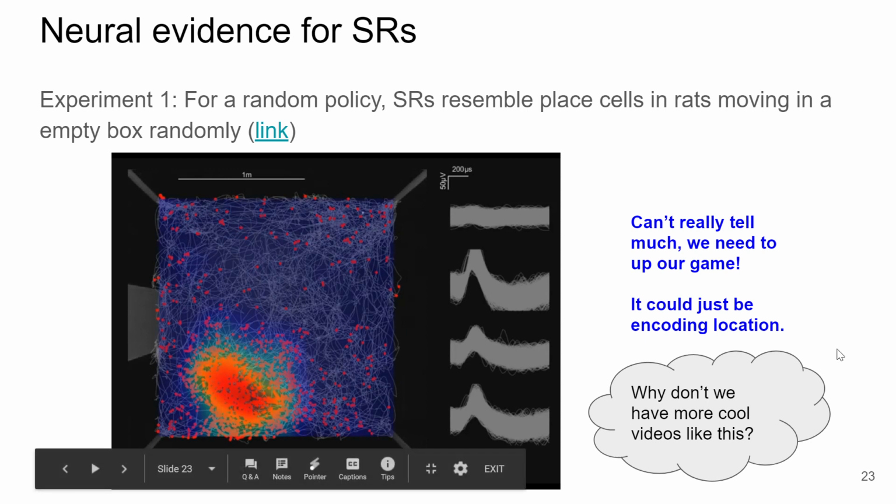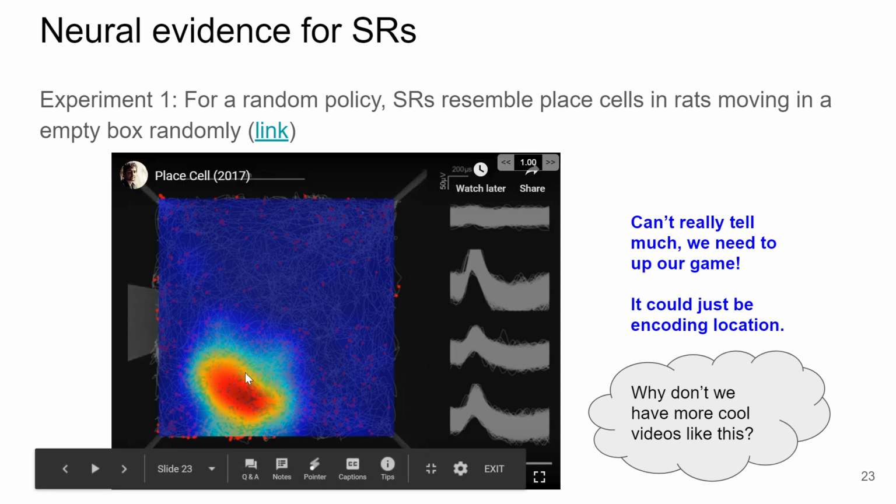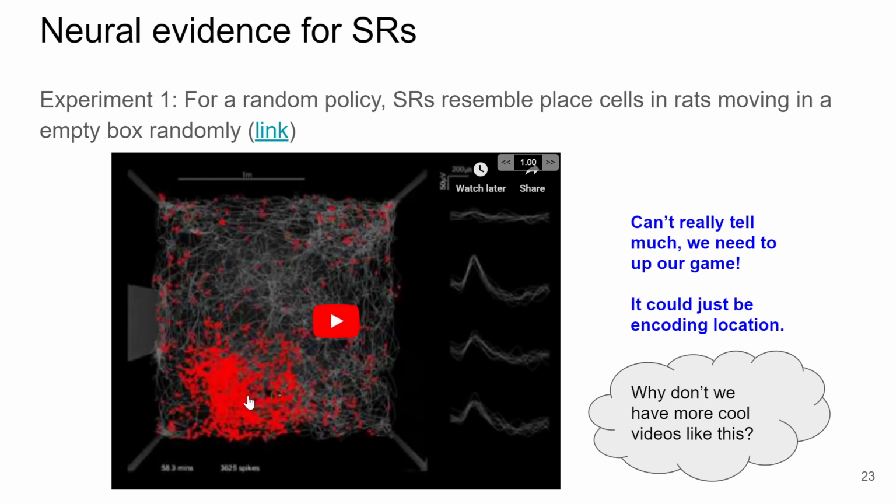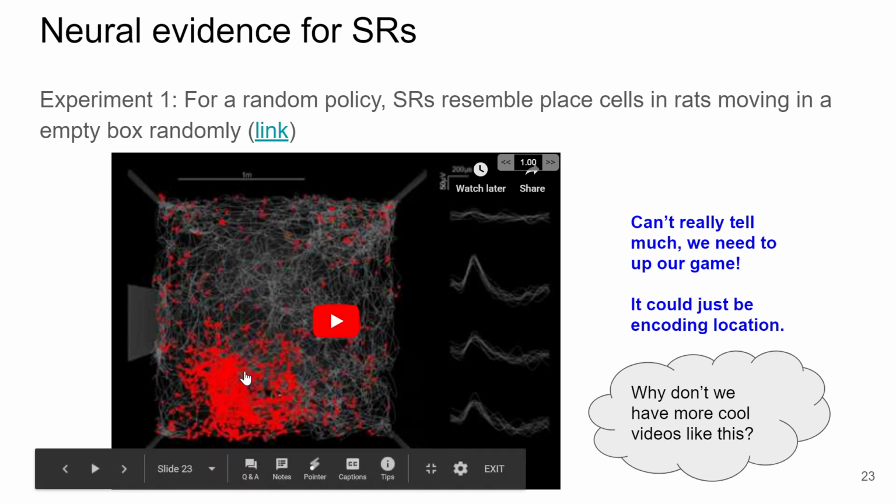Once you average it out, it looks like this. This was the initial place cell experiment which helped people say that it is encoding place. But the authors here argue that it also explains successor representation. For a random policy, when a rat is navigating around, the successor representation resembles what we see in the place cells.